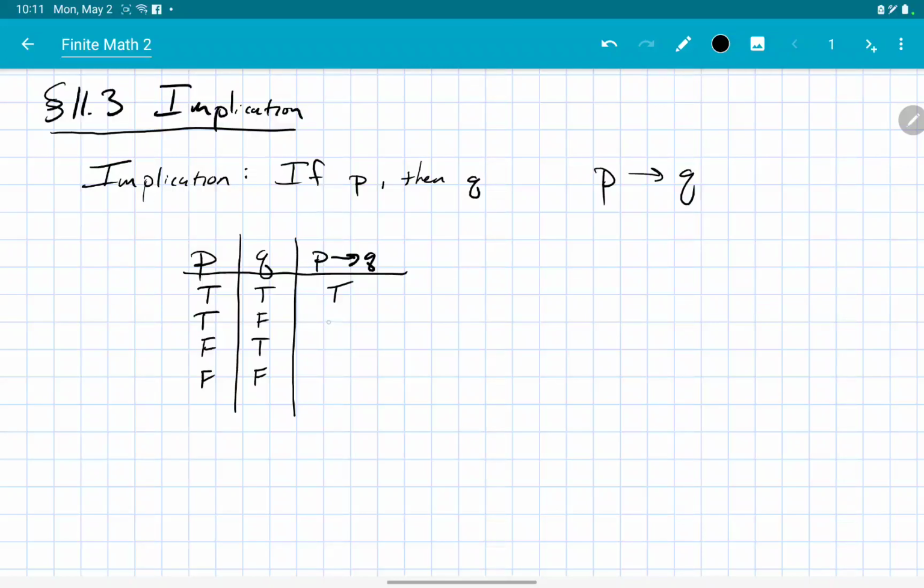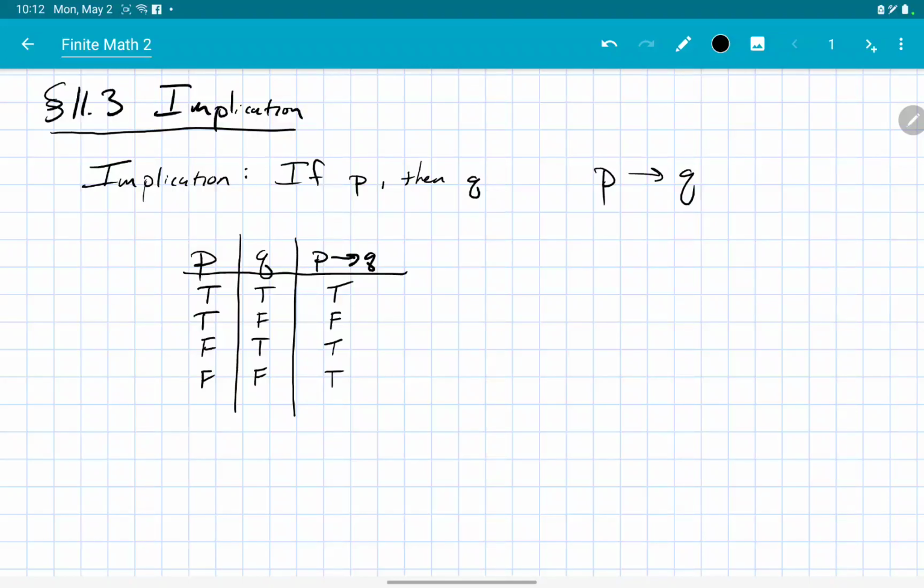If P is true and Q is false, this is bad. Then the implication is false. If P is false but Q happens to be true, there's no problem there. That's not a problem for the implication. It does not contradict the implication in any way. And lastly, if they're both false, there's no problem. The only thing that can go wrong for the implication is for the P part to be true and the Q part to be false. Okay.